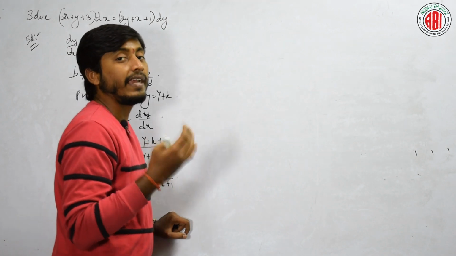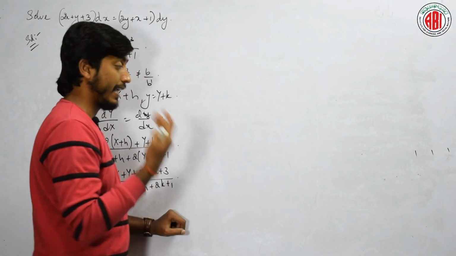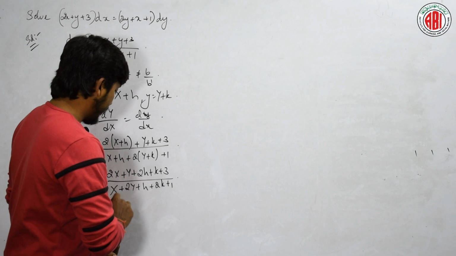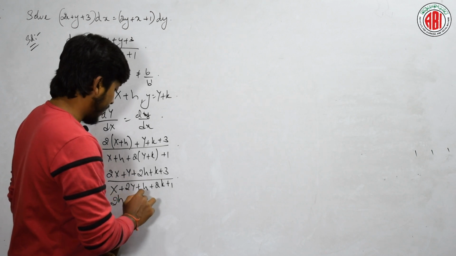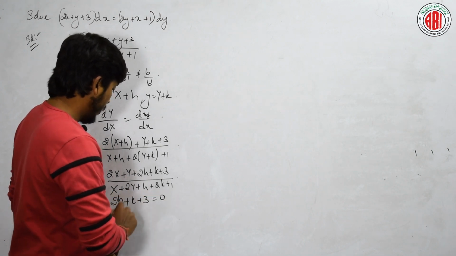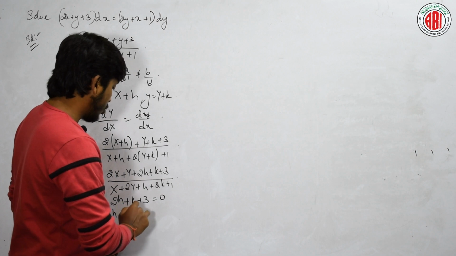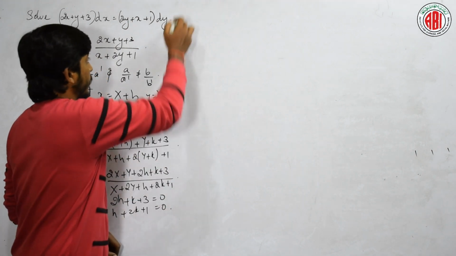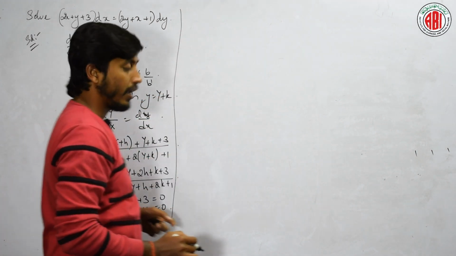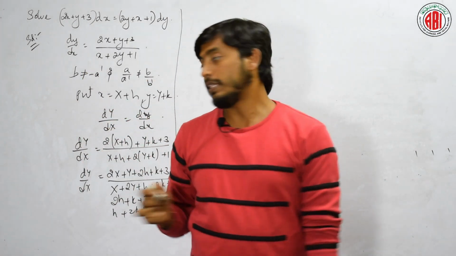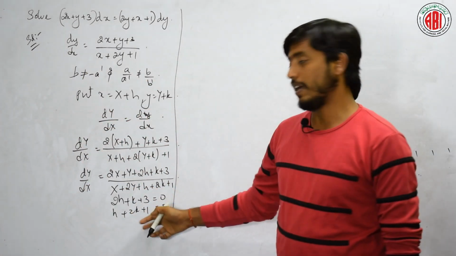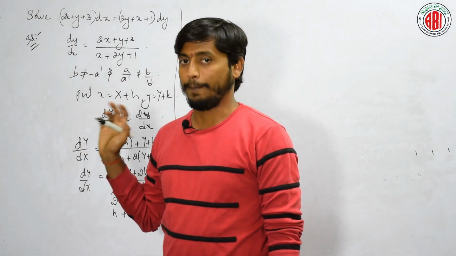Now you have to find the values of h and k such that 2h plus k plus 3 is 0 and h plus 2k plus 1 is 0. We have to solve these two equations to find h and k.